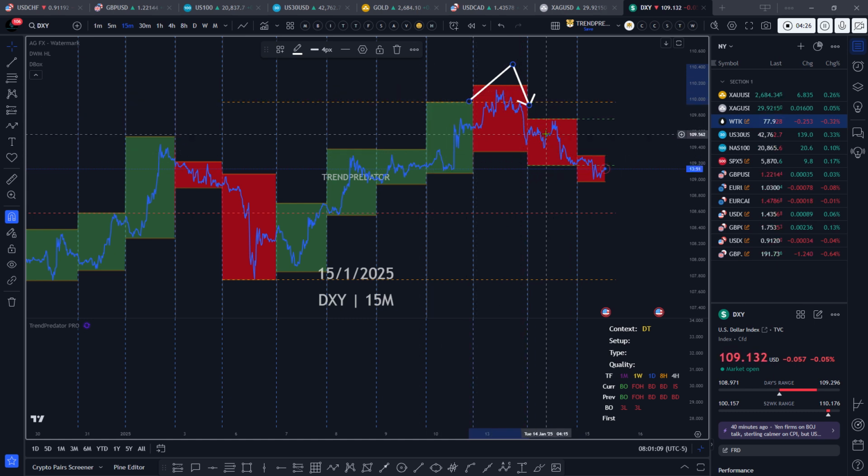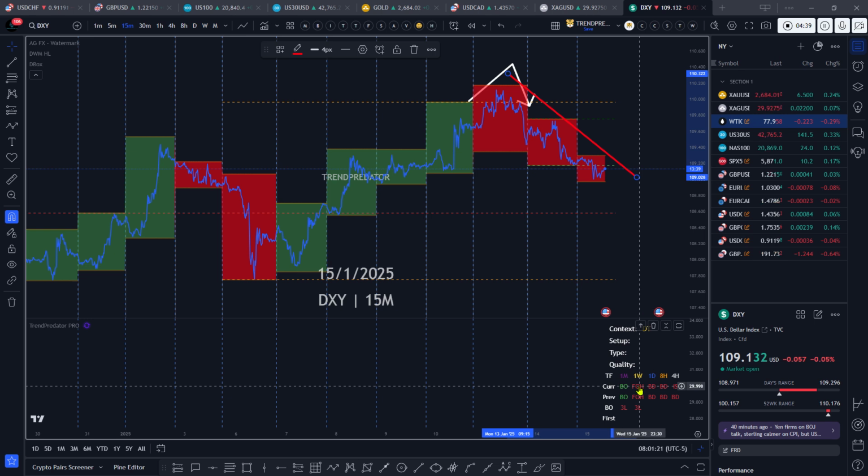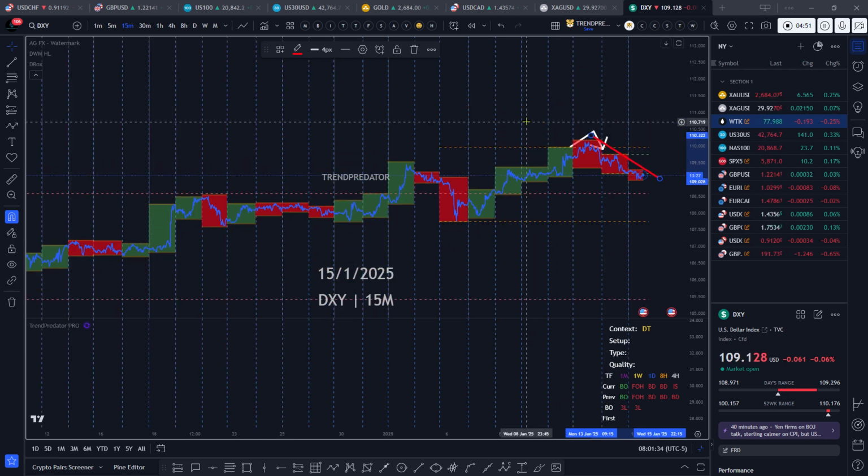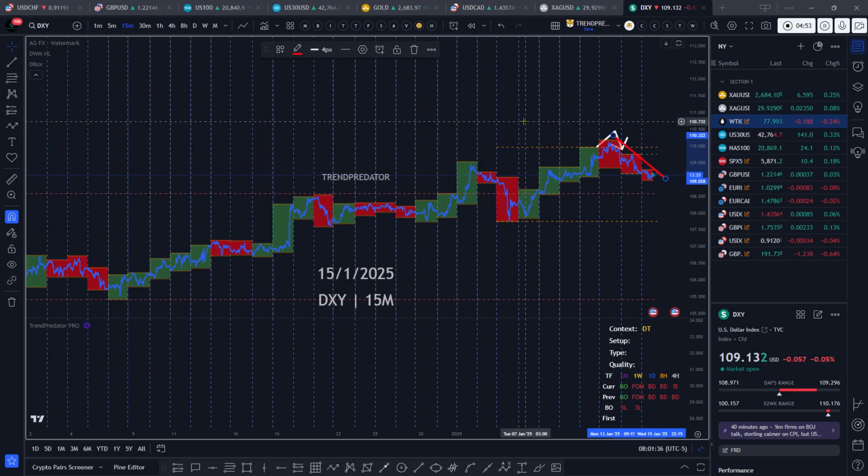Tuesday was a continuation which broke down Monday's low, and today's broken down Tuesday's low. So all of this is looking rather bearish. We've got strong confluence in the daily and weekly chart. Also, the indicator tells us that we've got 3 weeks of consecutive higher highs and lows.